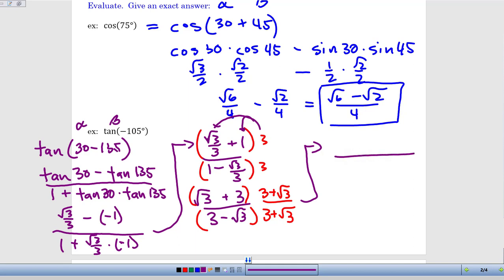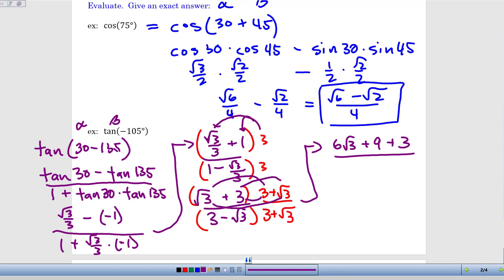So we're going to end up with a root 3 times 3, and another root 3 times 3, so we're going to get a 6 root 3 when we add those together. Then we're going to multiply the 3 times 3, which gives us 9. And then we're going to multiply the root 3 times root 3, which is going to give us 3.